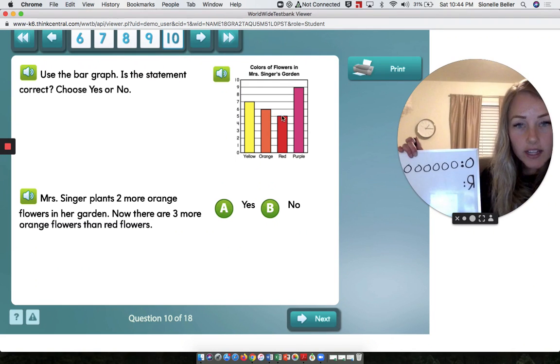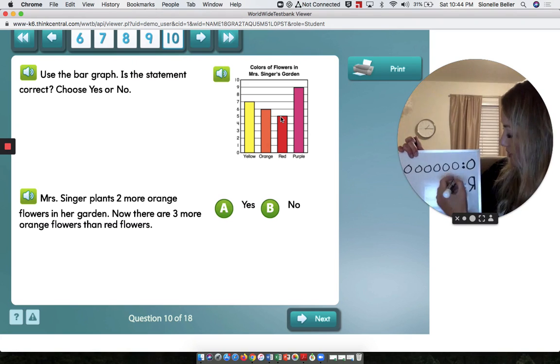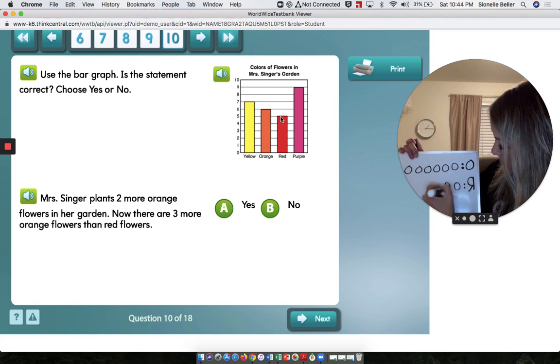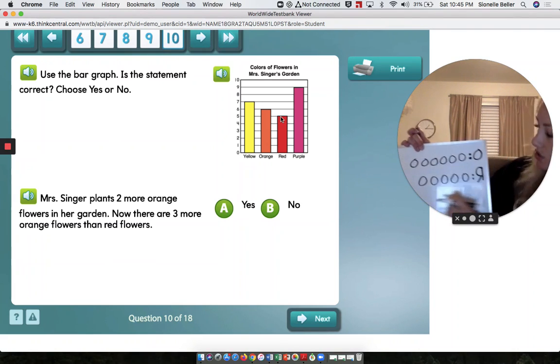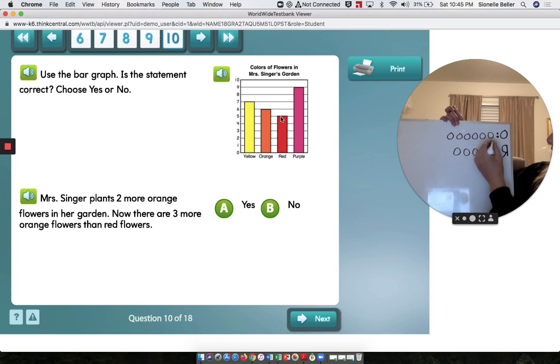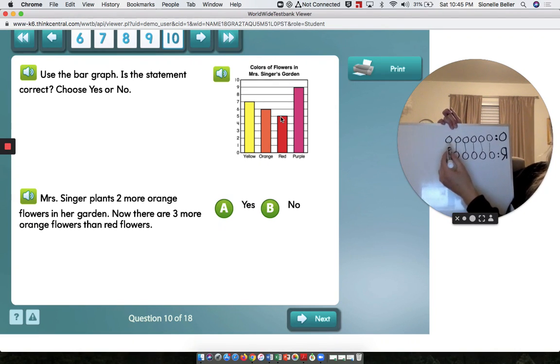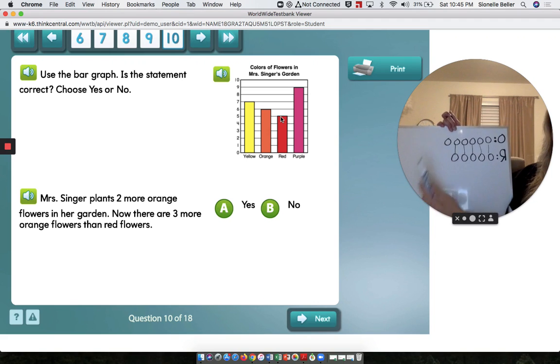And how many red flowers do we start with? If we look at our graph, we start with 5. 1, 2, 3, 4, 5. Okay, I made these line up so that it should be somewhat easy to tell that those all line up. So how many more orange flowers are there right now? Right now there's only 1 more.